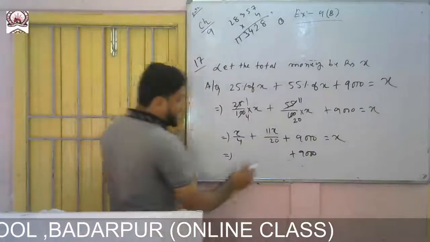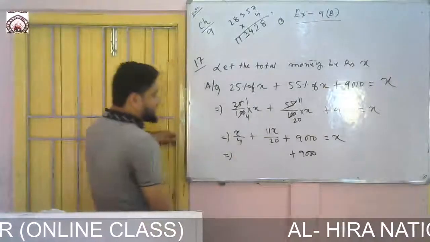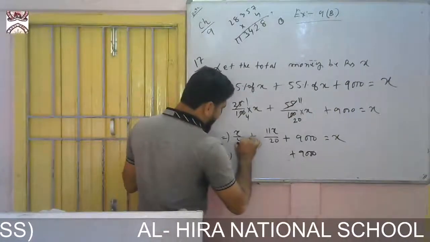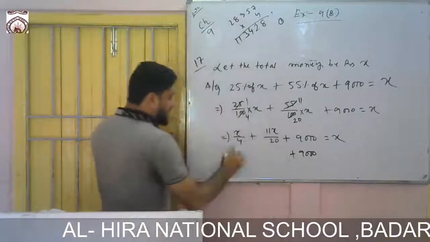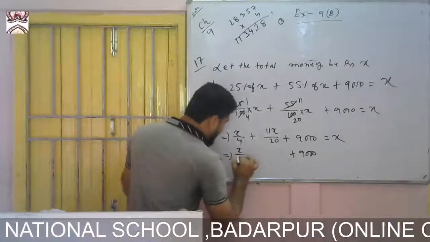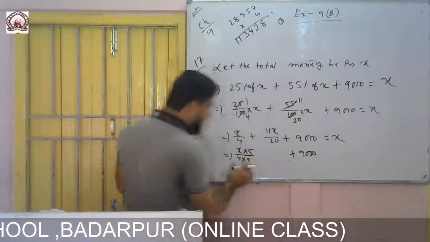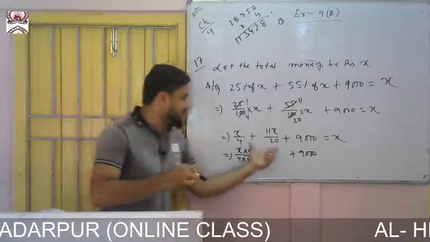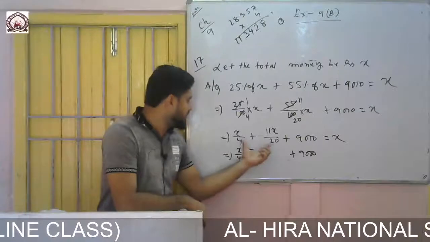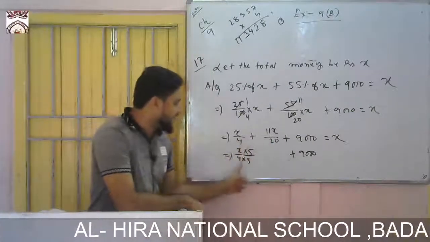So one thing you can do is make the denominator the same. If you want to make the denominator the same, you can multiply here by 5, because 4 5s are 20. So here X by 4 into 5 into 5. How did this 5 come? Because I want to add this to 11x by 20, so I make this a like fraction.